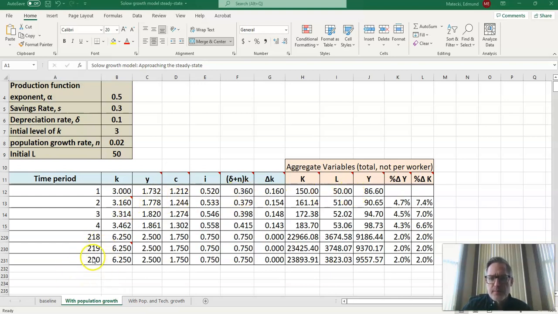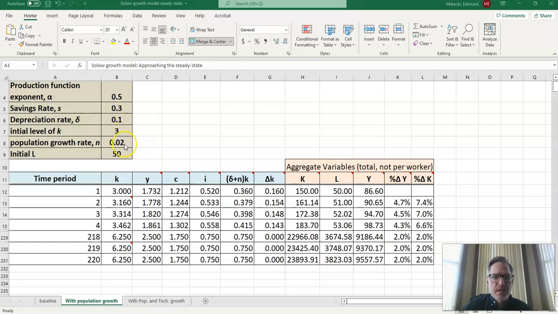This is 220 periods, but just look at the growth in GDP. So we started off with a GDP of 86.6, and now we're up here at 9,557. So tremendous growth in GDP over this time period, when really we have pretty small figures here.